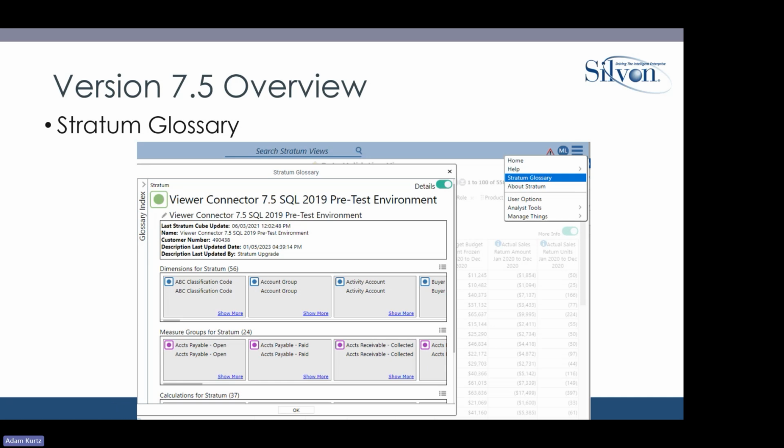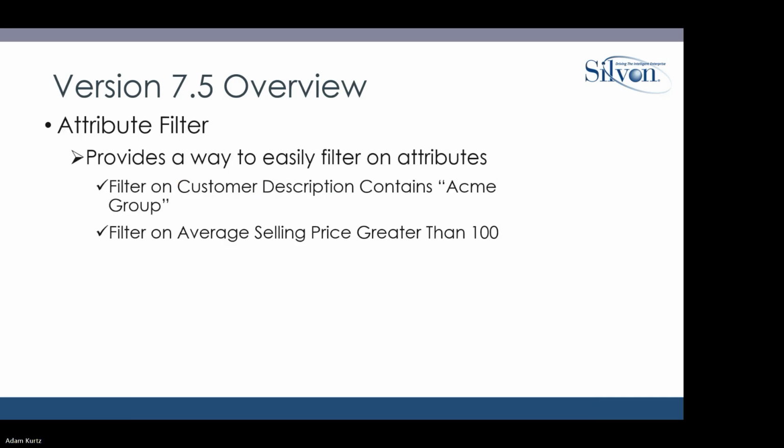And again, you can redefine this and put information in about your environment and what you would call it. You also have a glossary index where you can look up if there's a specific measure or dimension that you want to add more information to. You can very quickly do a search on that and find what you're looking for. So that's the glossary, and we'll take another look at that in the demo.